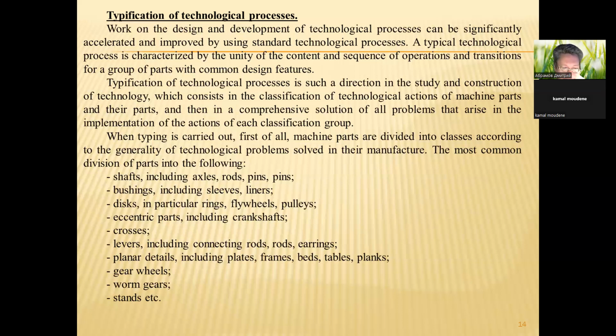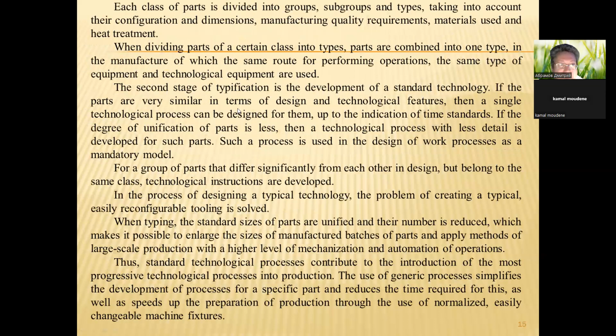Gear wheels, worm gears, and stands, etc. Each class of parts is divided into groups and types, taking into account their configuration and dimensions, manufacturing, quality requirements, materials used, and heat treatment.